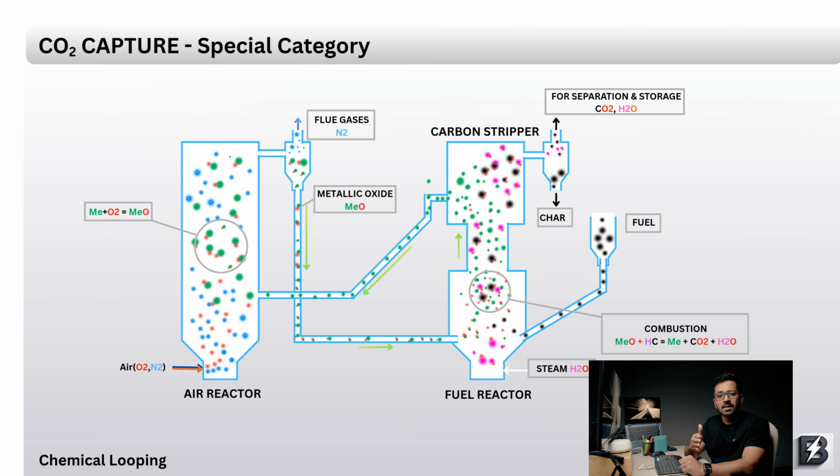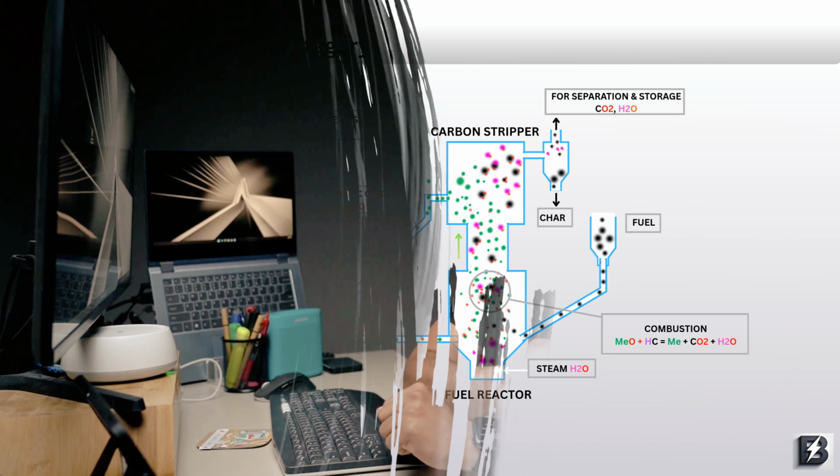The reduced metal is then sent back to the air reactor and the cycle continues. Because nitrogen never mixes with the fuel, the exhaust after water removal is nearly pure CO2. CLC avoids the need for solvent scrubbing or pure oxygen combustion, but challenges remain, including oxygen carrier durability, reactor scale-up, and solid circulation control.